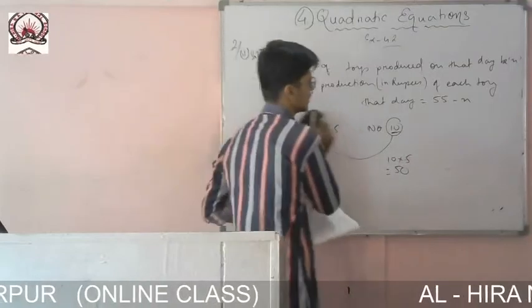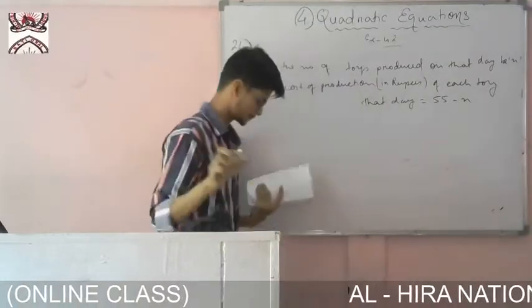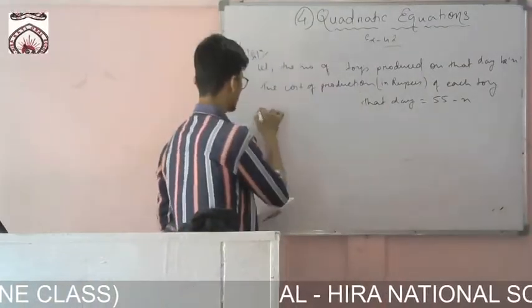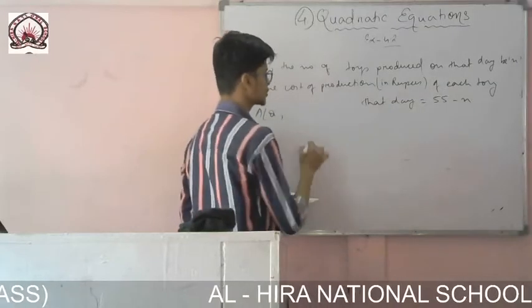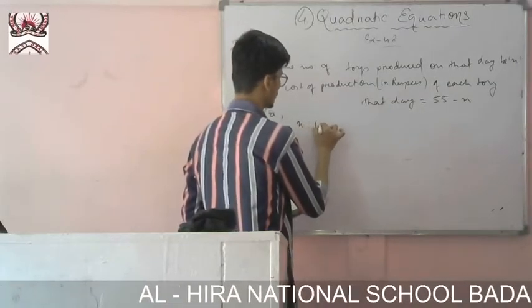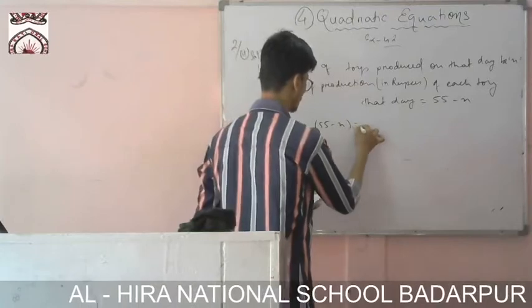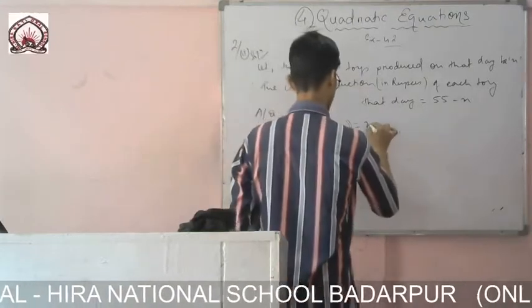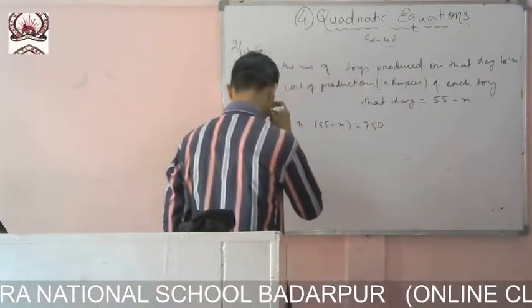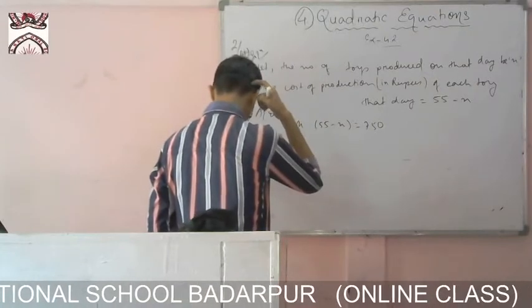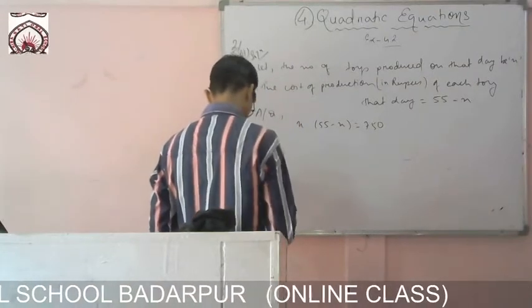According to the question, the total cost of production is x into 55 minus x, which is given as 750.